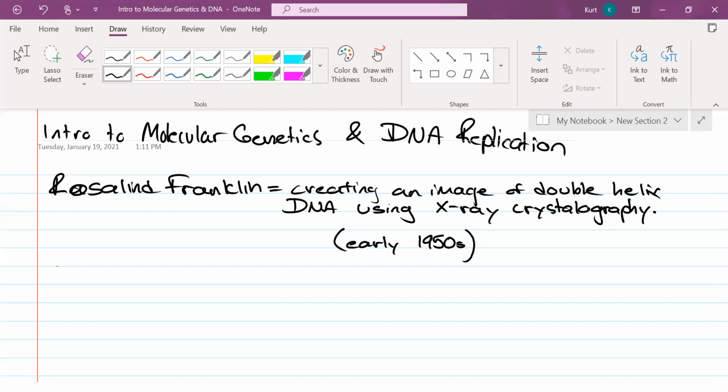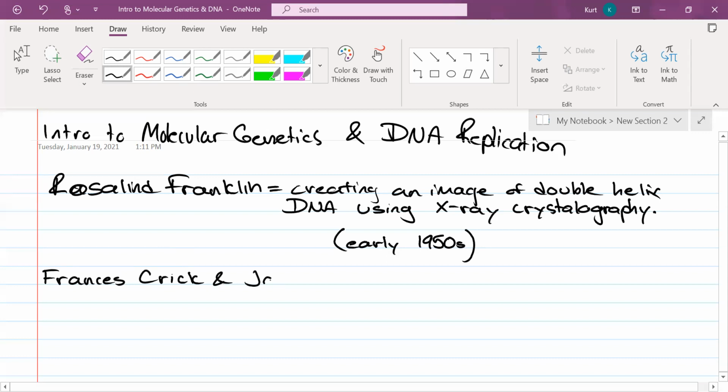Now, there's a couple other gentlemen, and what they did to Rosalind Franklin wasn't very nice professionally. Francis Crick and James Watson. You hear these two guys all the time, Watson and Crick, Crick and Watson. What they did is they saw Rosalind Franklin's X-ray, and they used that to create a model of DNA.